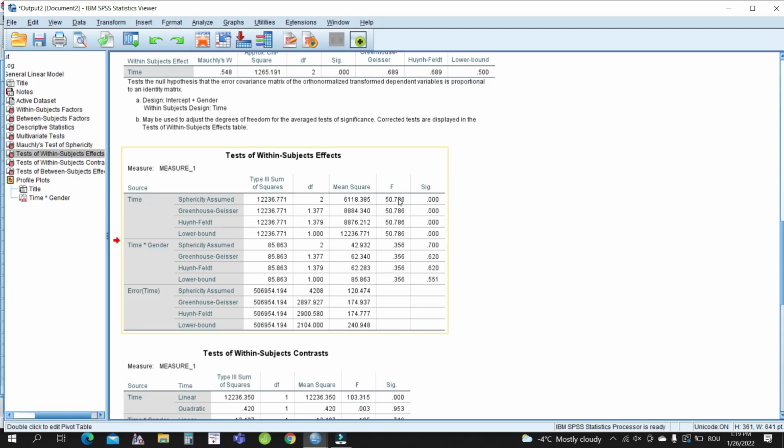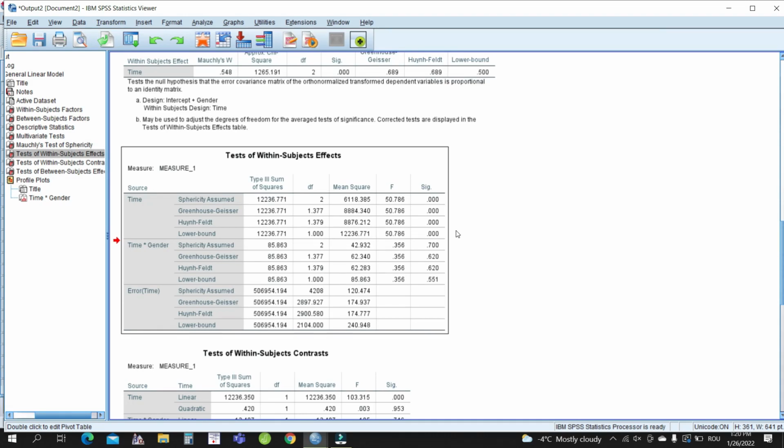Here, as you can see, we have several values of the F-test, depending upon the result of the test for the sphericity assumption. As I have already explained in a previous presentation dedicated to ANOVA with repeated measures, sphericity is the condition where the variances of the differences between all pairs of measurements or levels are equal.